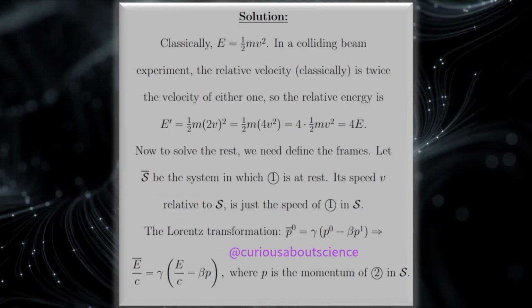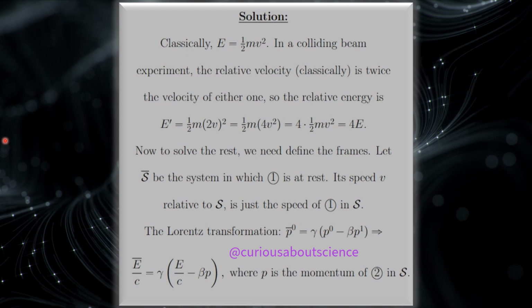All right, so now that we are trying to solve for this, let's first understand that classically, for a moving particle, we had that E was equal to 1/2 mv squared. So in a colliding beam experiment, the relative velocity classically is twice the velocity of either one.